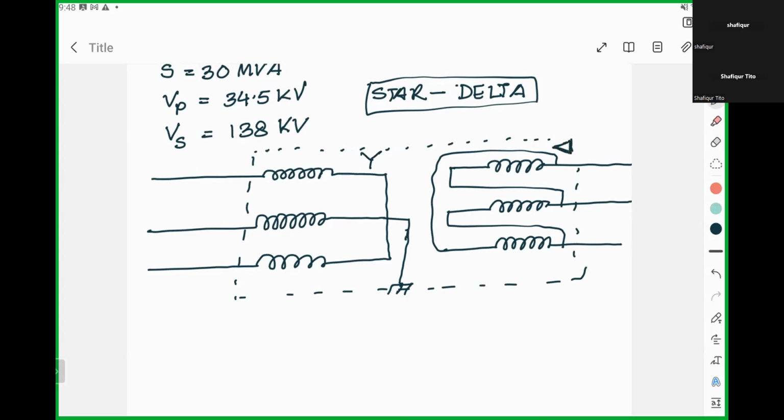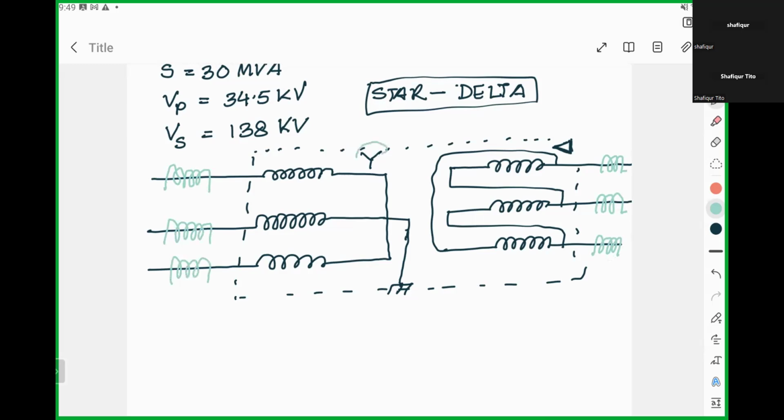Now we'll take a different color and try to draw the CT. Here, on the primary side, there will also be a CT.